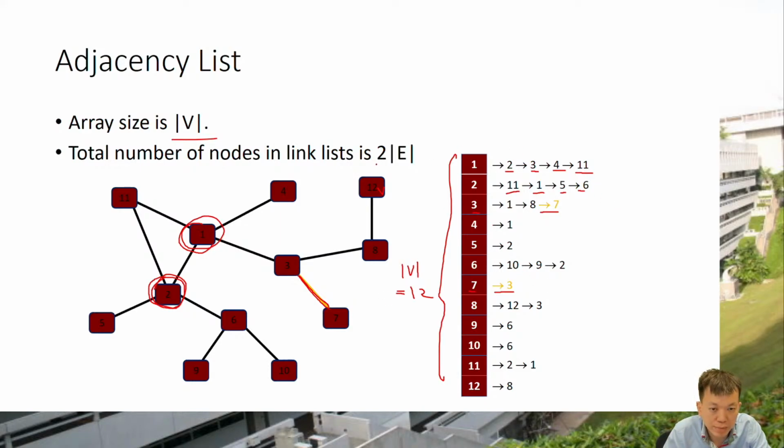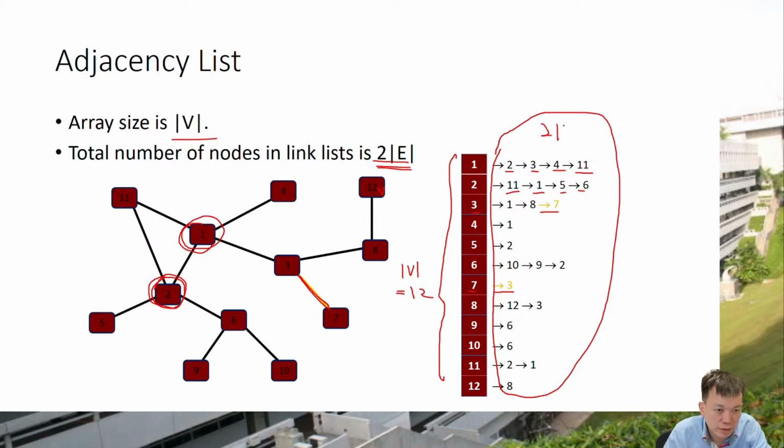The point here is this: the total number of nodes here is 2E. I have 12 edges, so it's not surprising that there are 24 nodes.